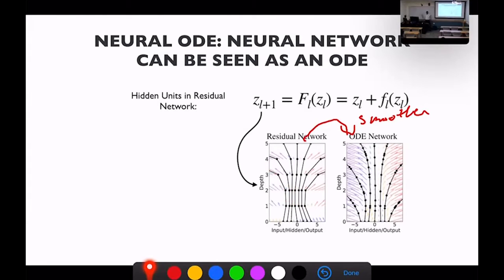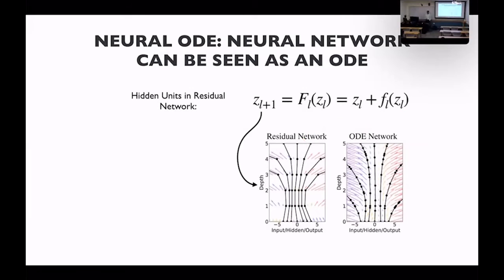You will see that this represents a path of the input features as they move across the layers. And one thing that optimizers like me like is having things that are smooth, because if things are smooth, then we know where they're going. That was the main contribution of this.